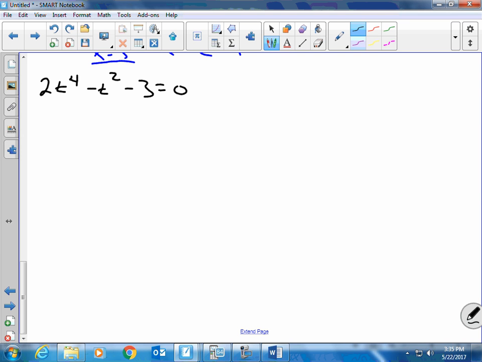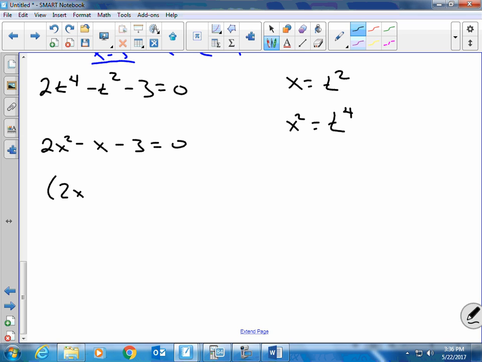All right. Using the thought process I had before, I'm going to make t squared equal to x. And so t to the fourth is going to be x squared. Plugging things in, I get 2x squared minus x minus 3 equals 0.